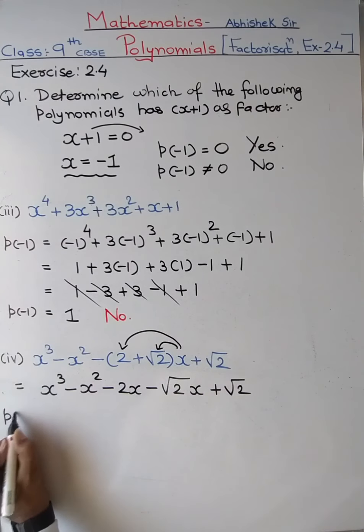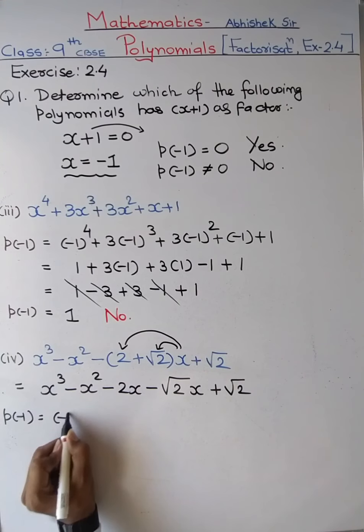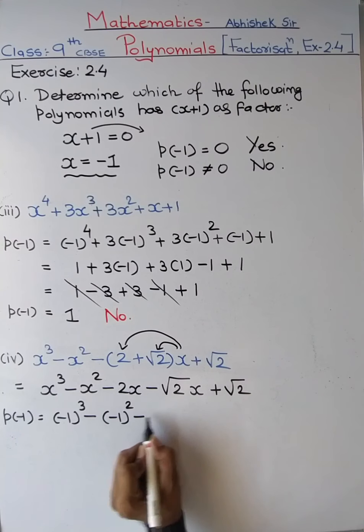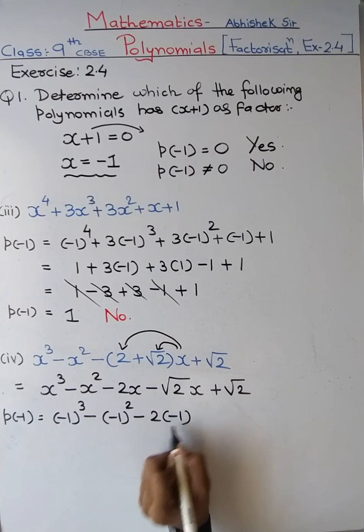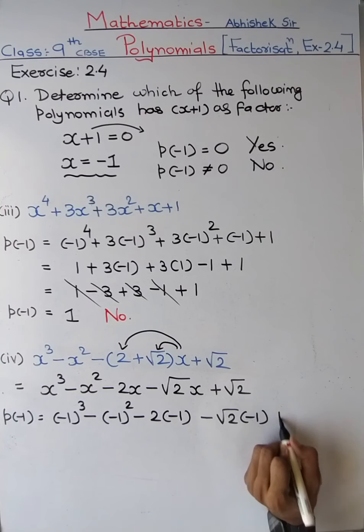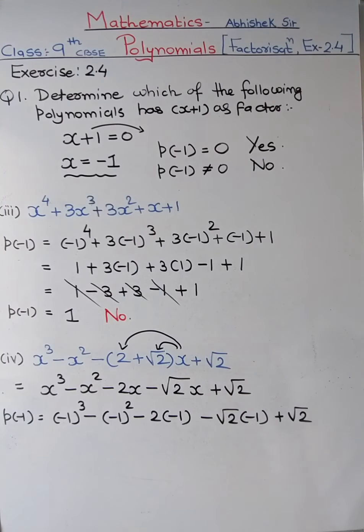Now let us put minus 1. Minus 1 whole cube minus minus 1 whole square minus 2 into minus 1 minus root 2 into minus 1 plus root 2. Clear? So now you see we have a little bit more simplification, more minus signs are there, so solve it very carefully.